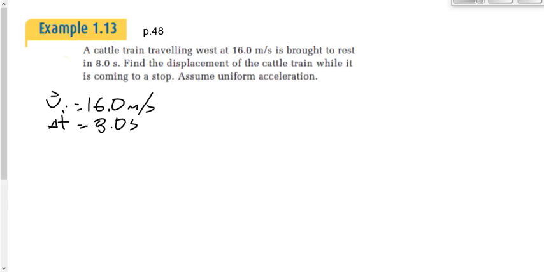I heard somebody say VF. Who said that? Okay, VF is, William? Good, VF is 0. It's brought to rest. Rest means stopped, right? So it starts at 16, and then it's brought to rest. So we're going to say VF is equal to 0 meters per second.